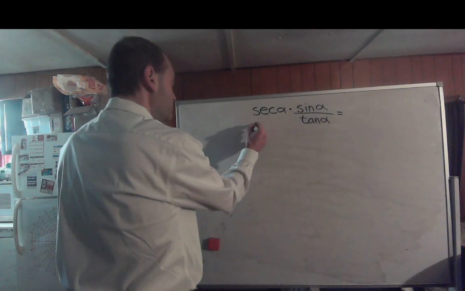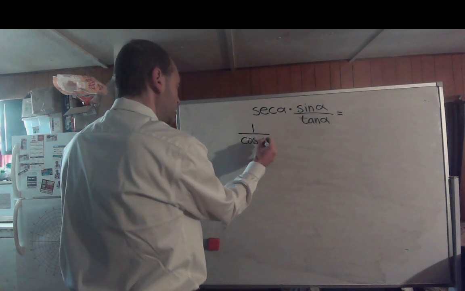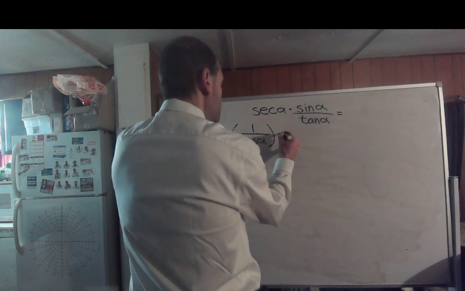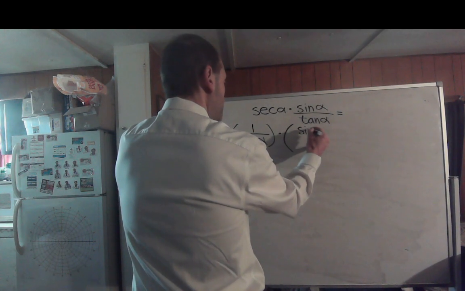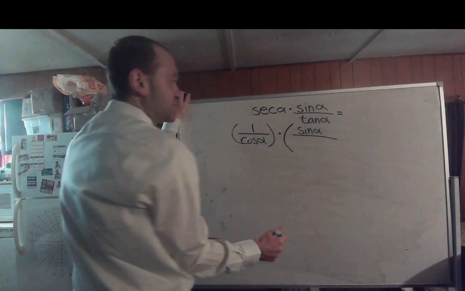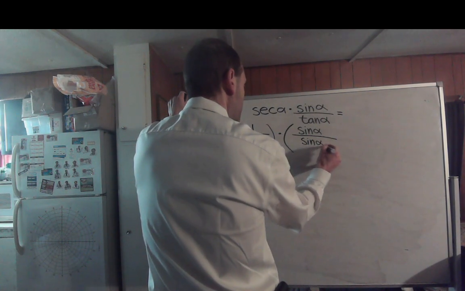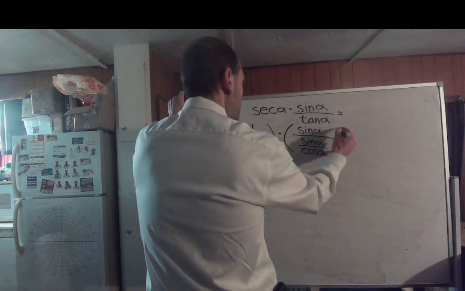The secant is 1 over the cosine of alpha. Let's put that in parentheses here. Times, now the sine of alpha stays the sine of alpha, but in your denominator of the second term, tangent is going to be sine of alpha over cosine of alpha.